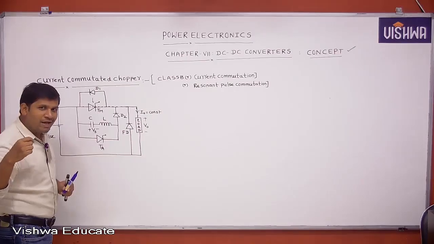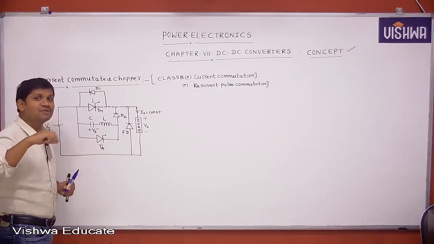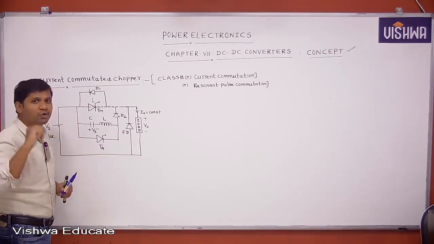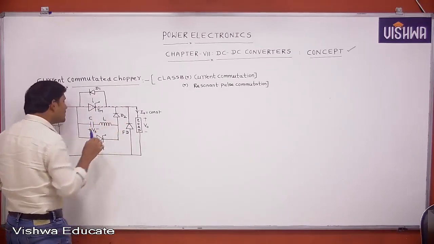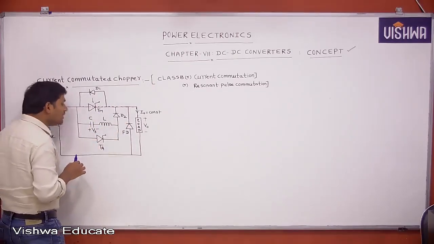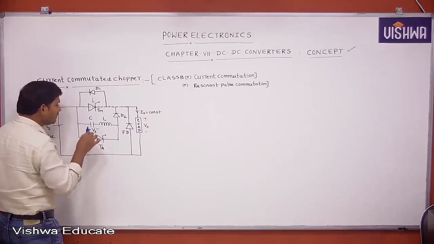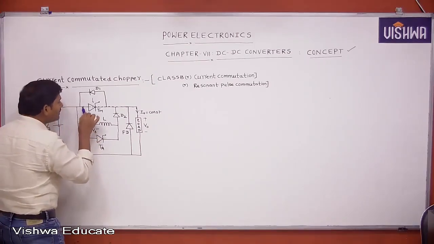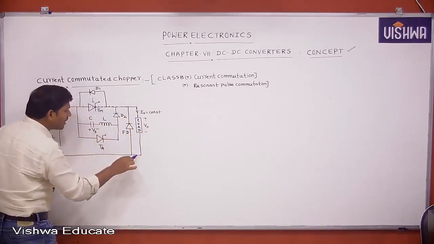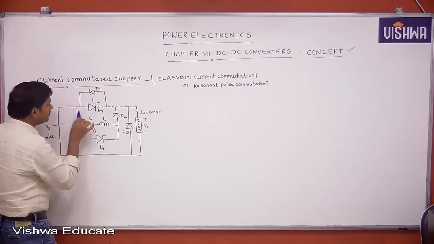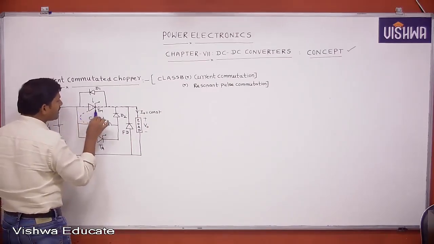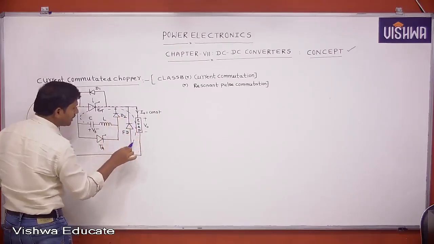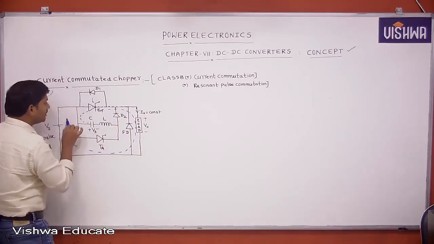What do you mean by discharging of a capacitor? Transfer of charge from the positive plate to the negative plate. Yes, sir, whenever the main thyristor is triggered, the capacitor will discharge. If you think this is the path for discharging of the capacitor, that is meaningless.